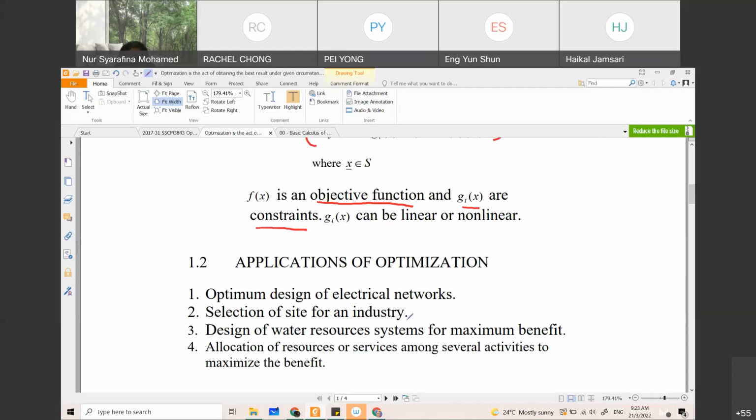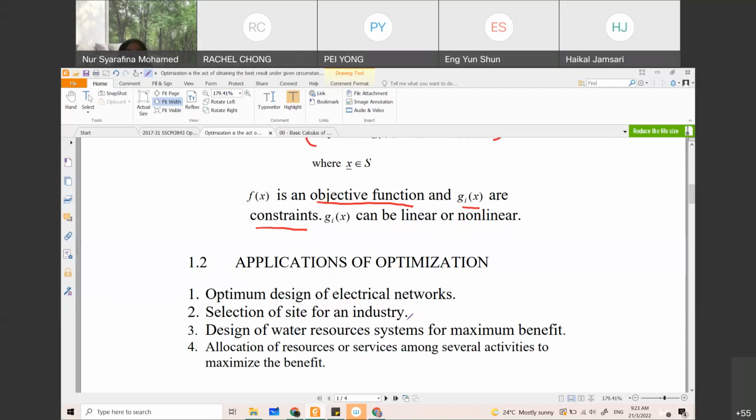We want to maximize the production. Okay, this optimization can also be applied to image processing. We want to minimize the blur so that the image can be clearer. So all of those things come from optimization algorithms.